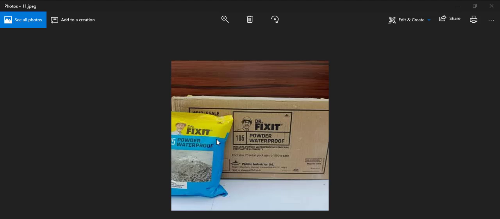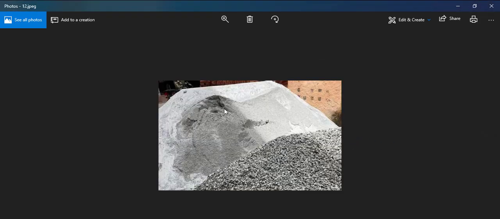Then the other thing I will strongly advise when mixing is stone dust. Normally we mix with granite sand, and that's the mixture we do. But for a waterlogged area, I will encourage us to add stone dust to it. It makes it harder and very good.